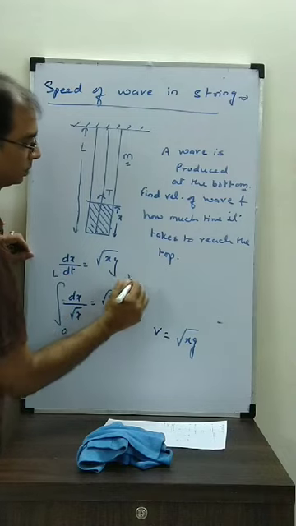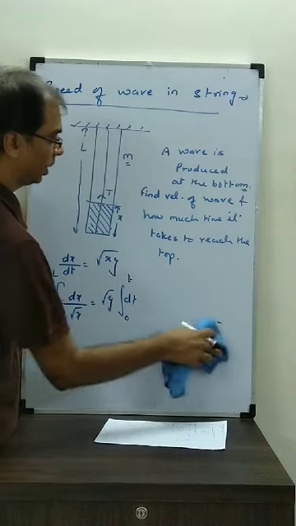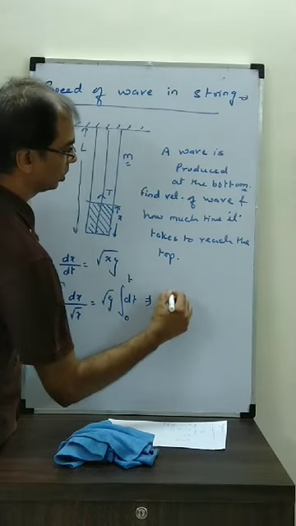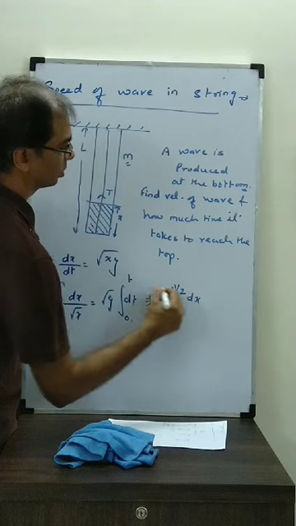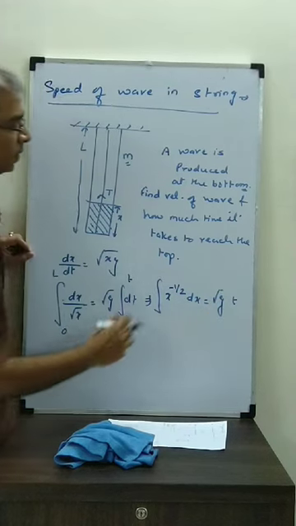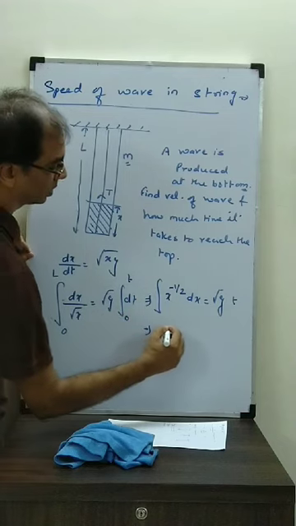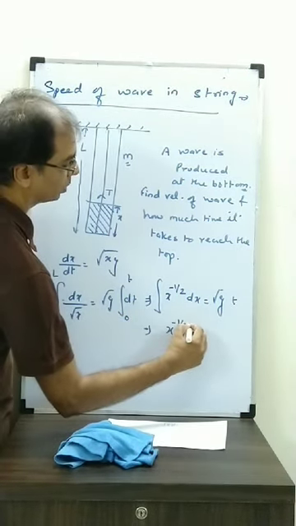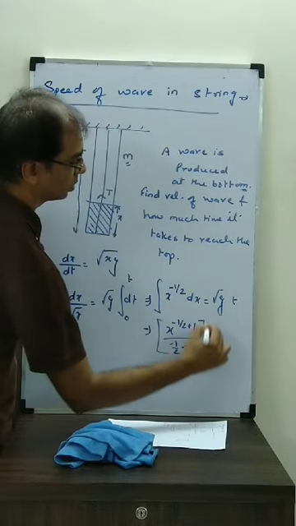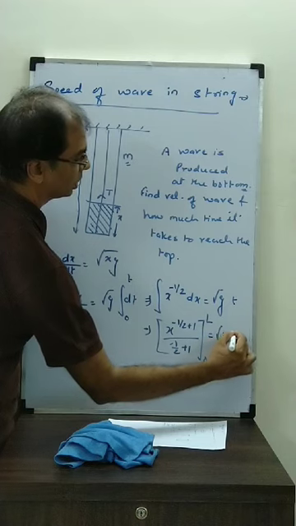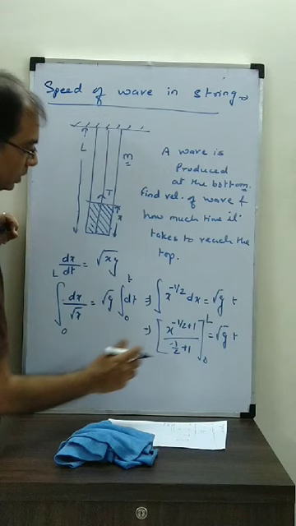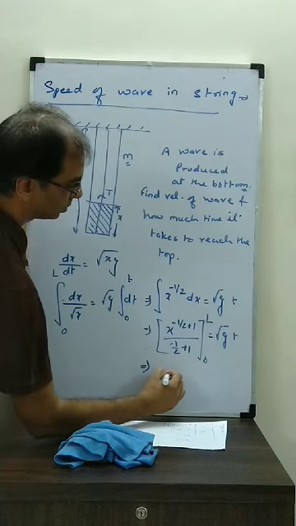Here 0 to t. Okay, so dx by root x can be written as x to the power minus 1 by 2 dx, and here root g and t directly. The integration of x to the power minus 1 by 2 is x to the power (minus 1 by 2 plus 1) by (minus 1 by 2 plus 1), from 0 to L, and here again root g t. This is root x with a half, so it will be 2 root x.